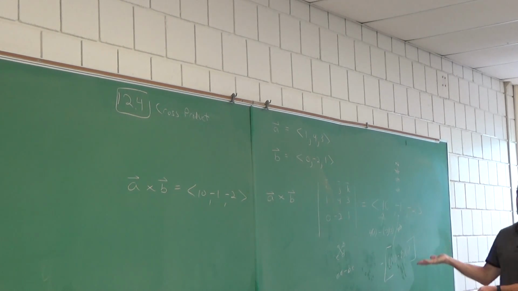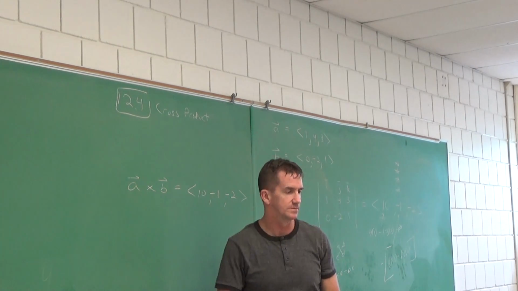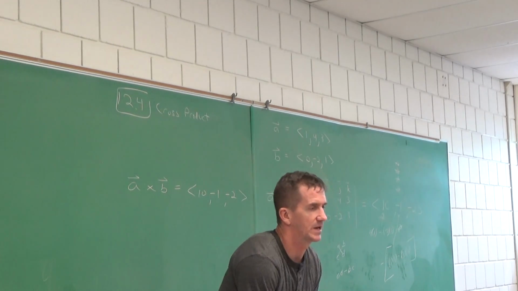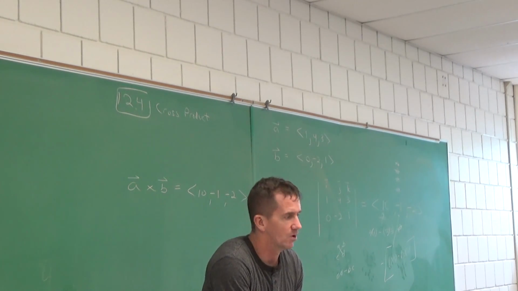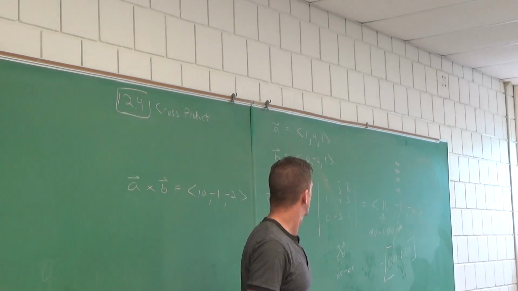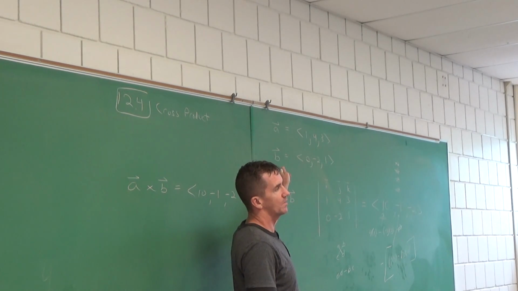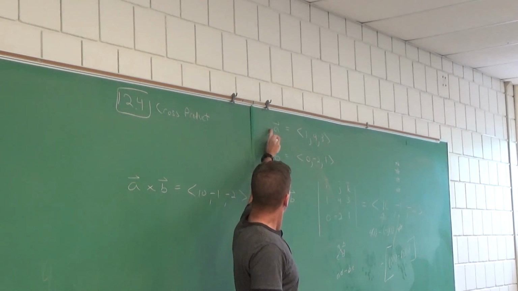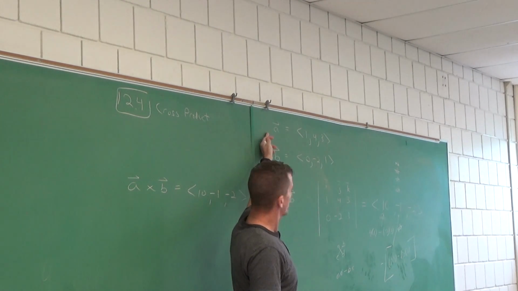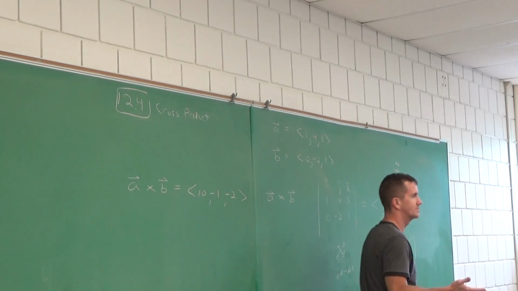I know that's the definition of this vector, from that mathematician Hamilton, but this is what's huge. The cross product of two vectors is orthogonal to each vector. The cross product of A cross B is going to be orthogonal to vector A and orthogonal to vector B. When I say that word orthogonal, think perpendicular.